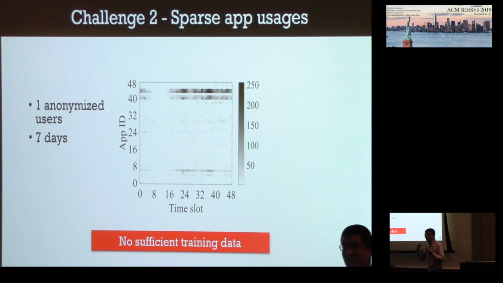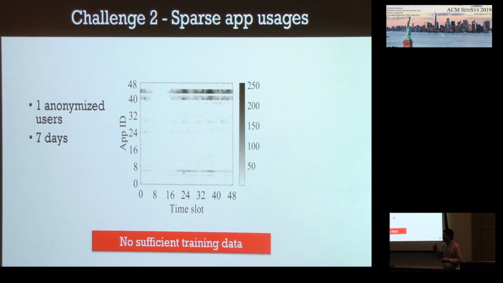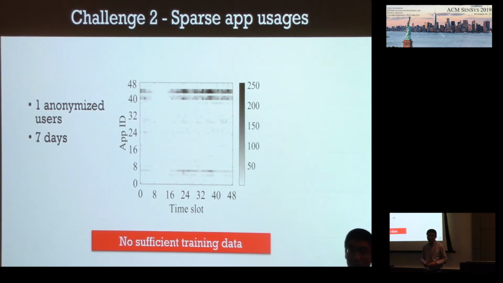So if we have training data from one user like this one, and we train a model for this user based on this data, the training data is too sparse, and we need to accumulate the training data for a long time, like multiple years, to do the prediction, right?